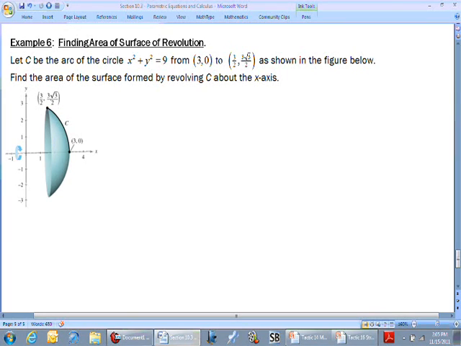We want to find the area of that surface formed by revolving C about the x-axis. So you've got this sort of outer shell of, I don't want to call this a half sphere because I don't mean for this to be perfectly spherical and to make a perfect semi-sphere. But we could use that terminology just to put it in some context.